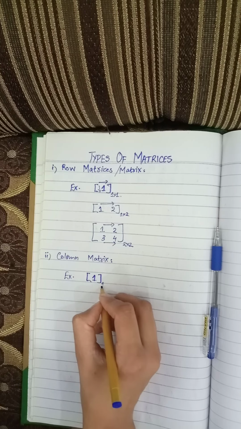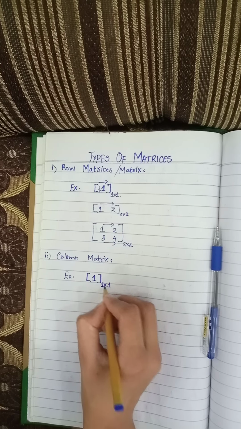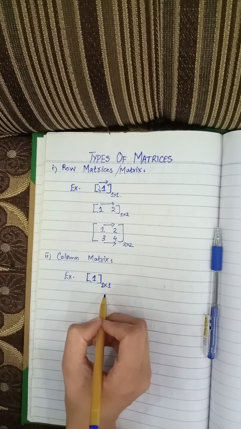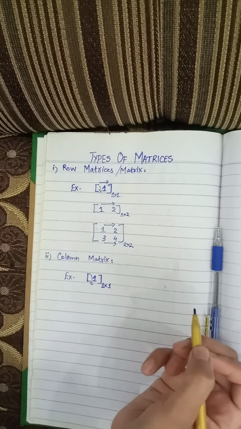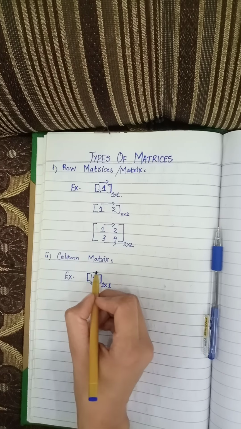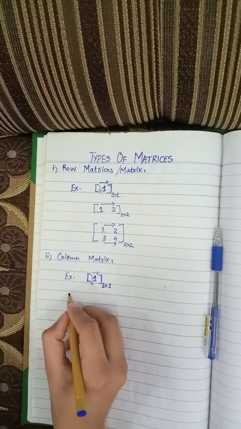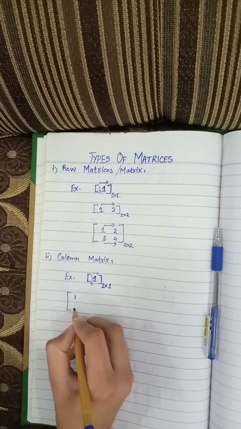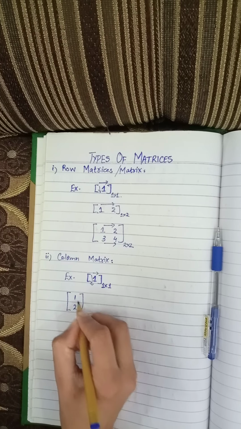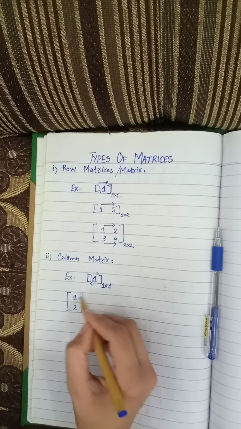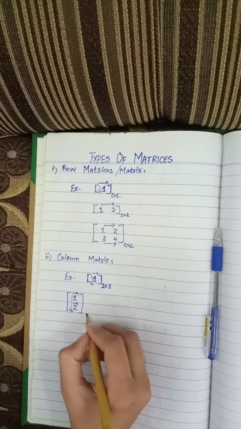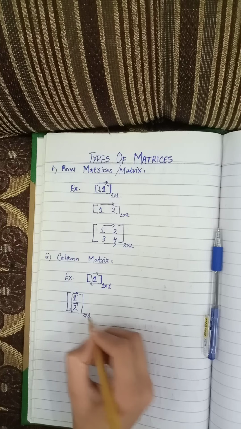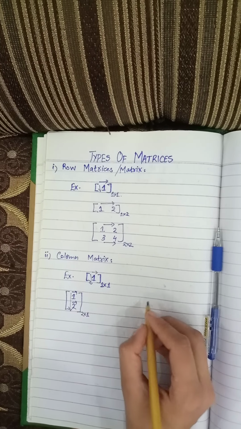This is also an example of column matrix because it has one column and one row also. Another example of column matrix is 1, 2. See, only one column. The rows are 2, but the column is only 1. So it's also a column matrix.